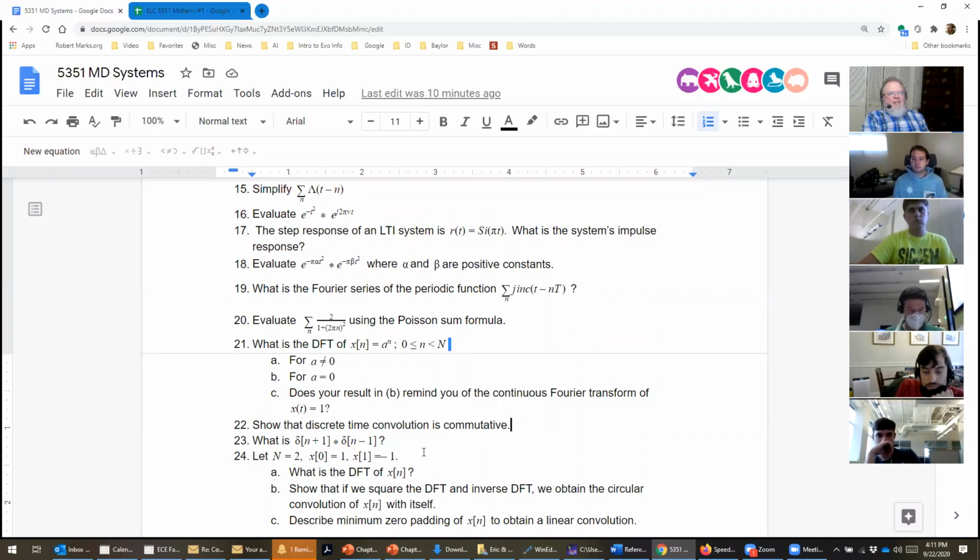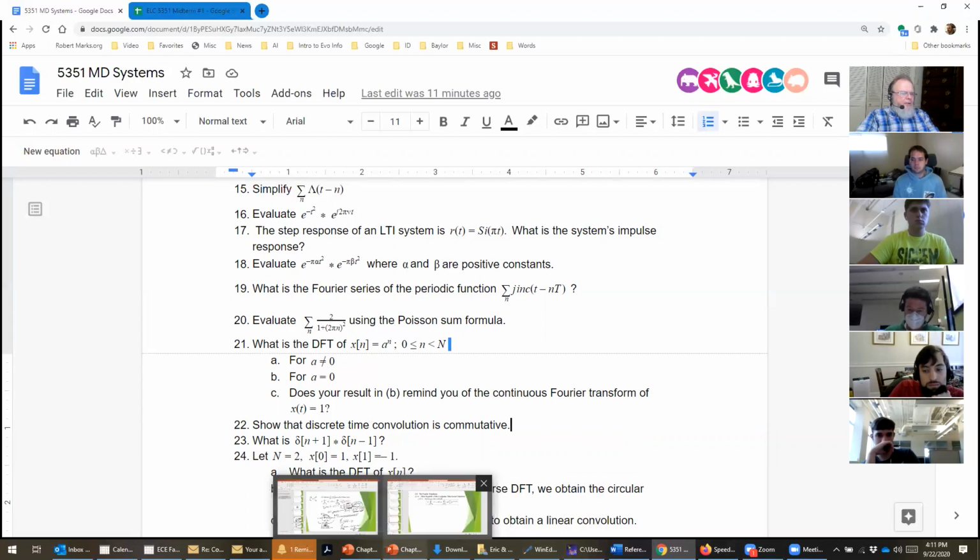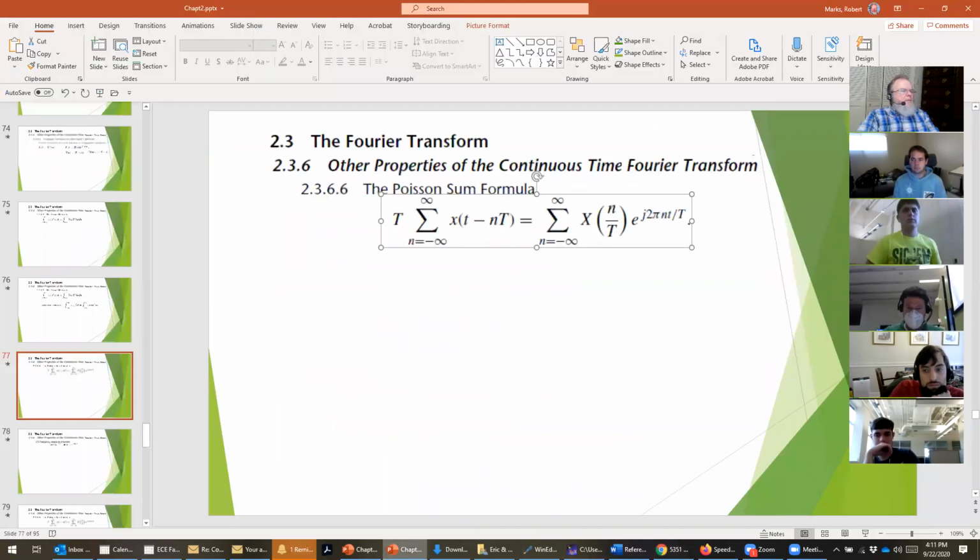So the assumption is I'm giving you one period of the periodic function. Yes, but a to the n is not periodic. Well, it is in the following sense. Let's go back over here. Forget this stuff. This is not applicable to it.